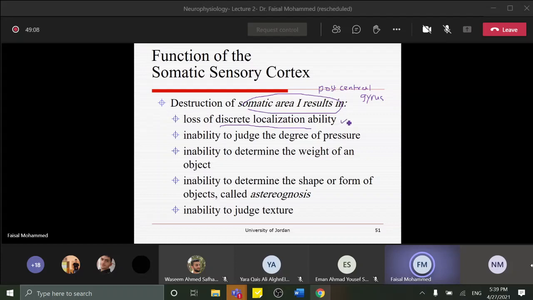You are unable to localize the information, unable to judge the degree of pressure, unable to determine the weight of the object, because the dorsal column has two-point discrimination and fine touch, as we said.